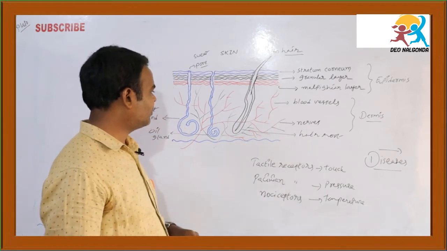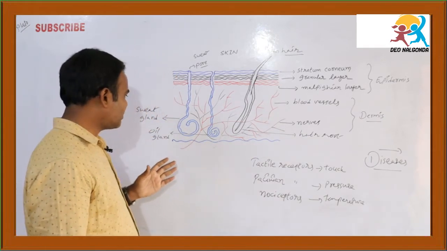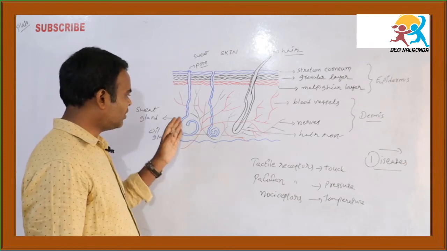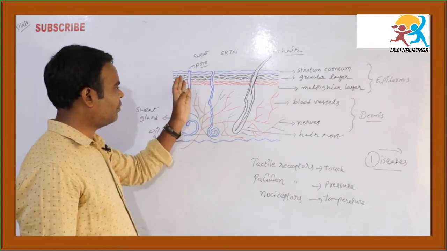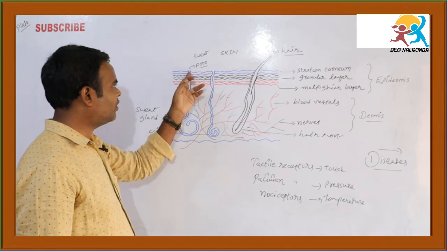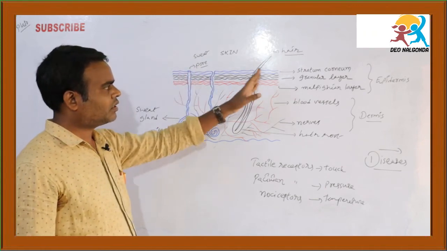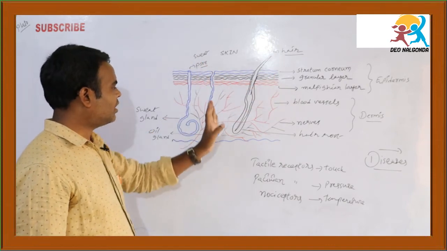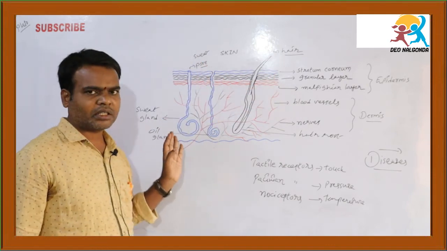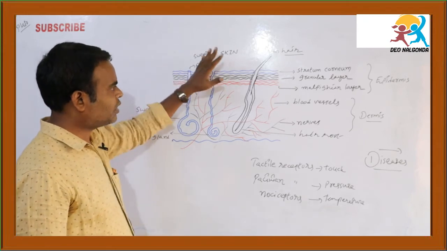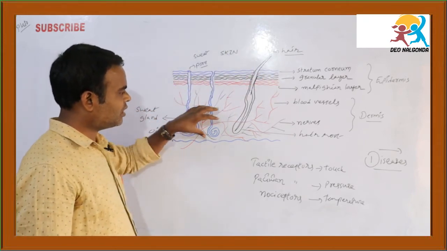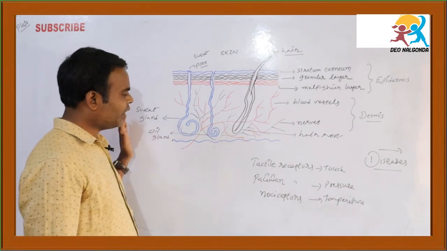And you know that the sweat glands and the oil glands are also present in the dermis, but through the tubes, peripherally they are opened with the help of the pores. So in the stratum corneum you find the pores of the sweat glands and also the pores of the oil glands or sebaceous glands. Only the pores are externally opened in the epidermis, but their original structures are located in the endodermis.